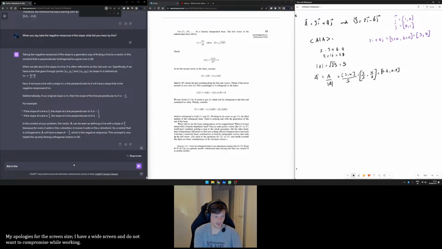But in the context of our numbers, then the slope would be negative 0.1 over 0.6.